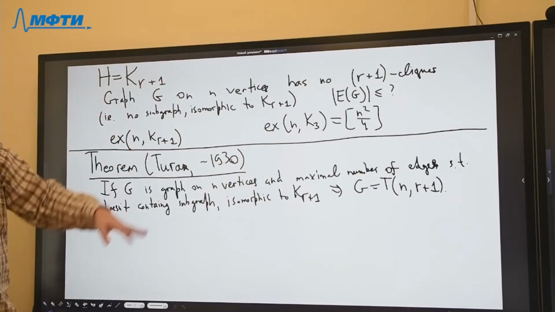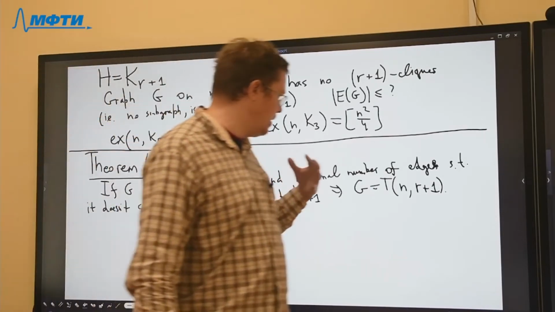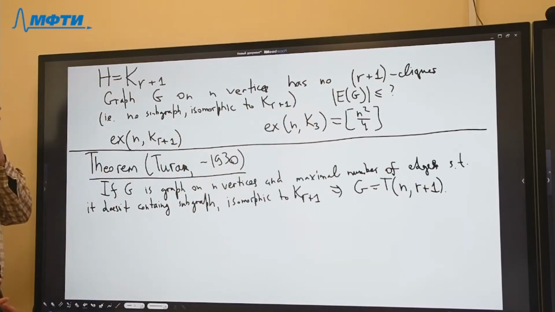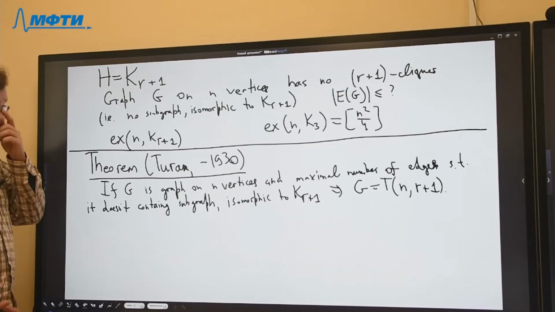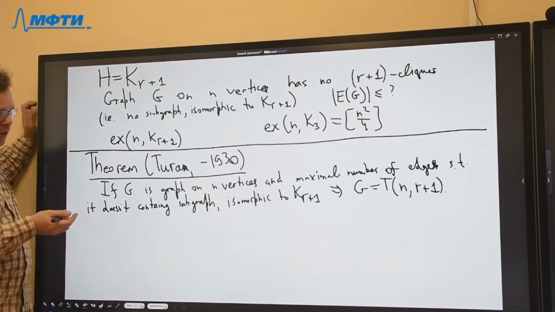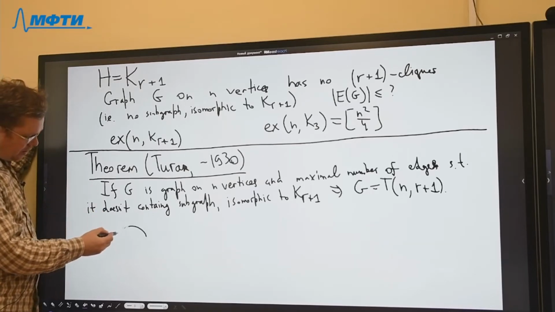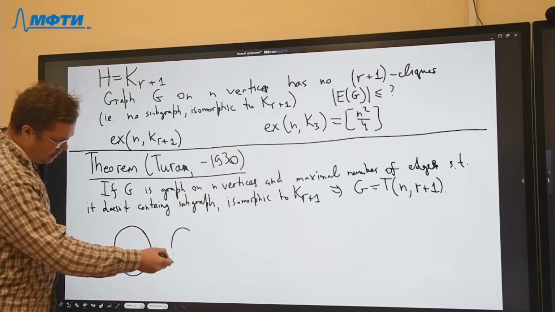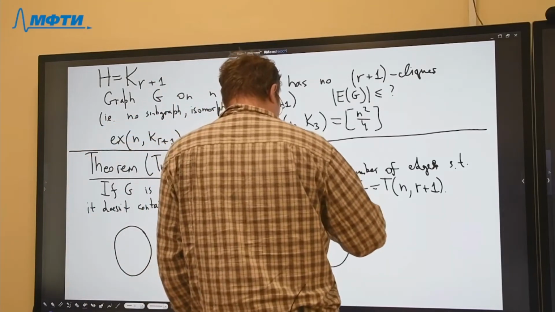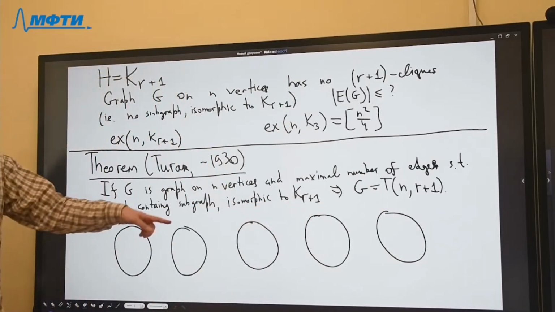So it is a special kind of graph similar to the bipartite situation, but when we have bigger r, we need to do the same things, but in an arbitrary situation. So what is the maximal possible situation where you don't have r plus 1 cliques? It means that you have some kind of parts of vertices, independent sets.